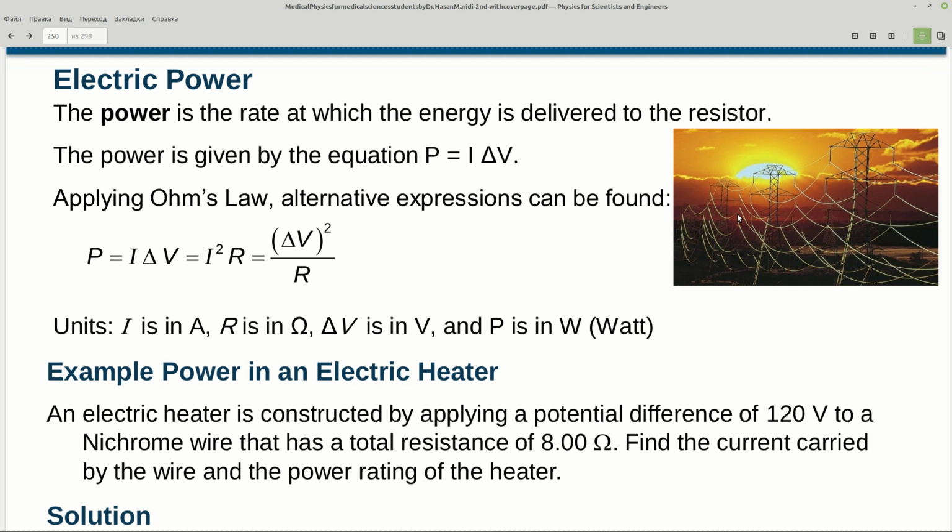We have another way of explaining the voltage inside our electrical distribution system, but in this task we are using the American electric system, and we use 120 volts, applied to a nichrome wire.